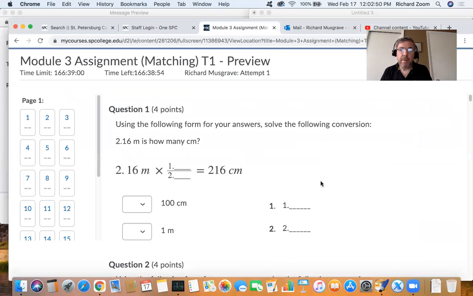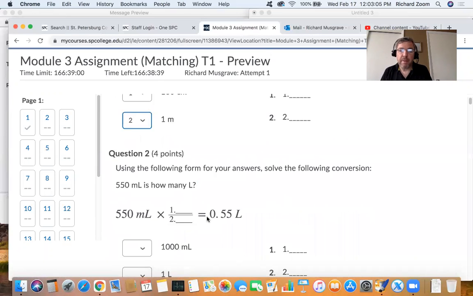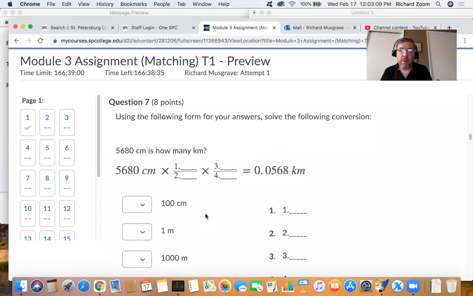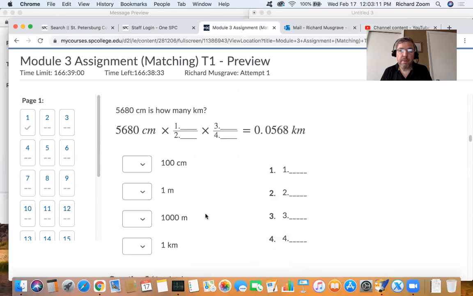So for example, in this problem here, you're being asked to figure out which goes in which space. In this case, in space 1, we'll put the centimeters, and in space 2, we'll put the meters. So that'd be how you answer that. And then there are more complicated problems that involve four items.